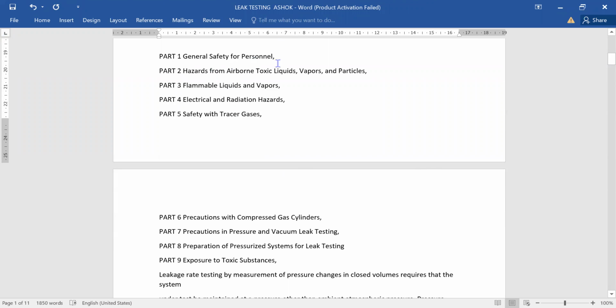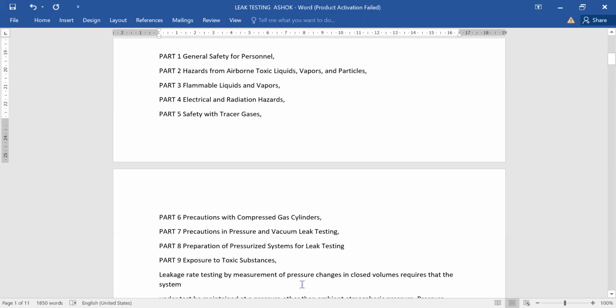So general safety for personnel: hazards from airborne toxic liquid, vapor and particles, flammable liquid and vapors, electrical and radiation hazard, safety with tracer gas, precautions with compressed gas cylinders, precautions in pressure and vacuum leak testing, preparation of pressurized system for leak testing, exposure to toxic substance.